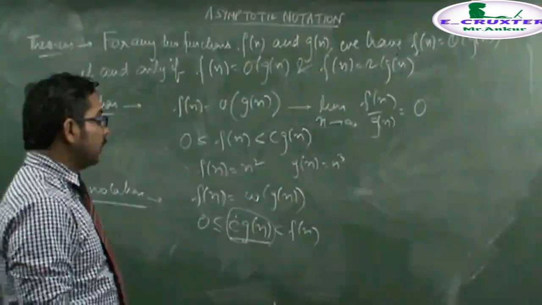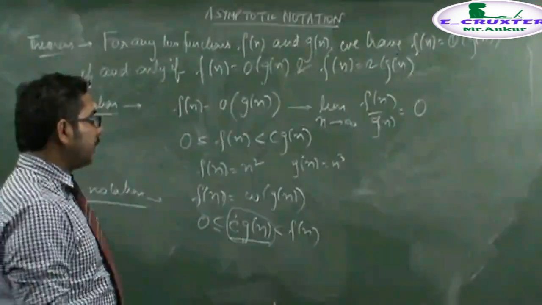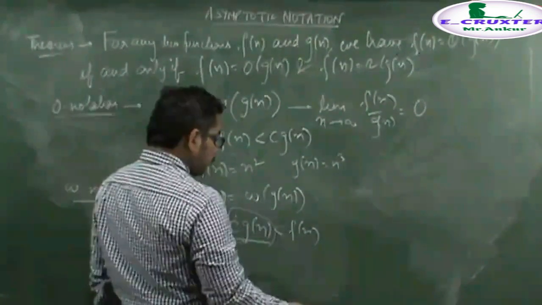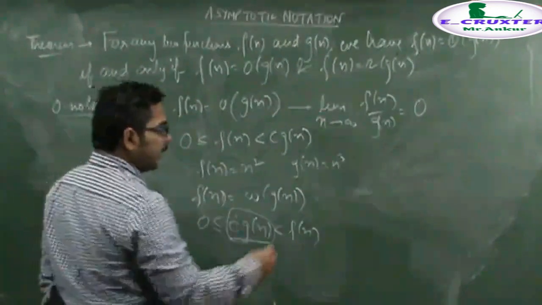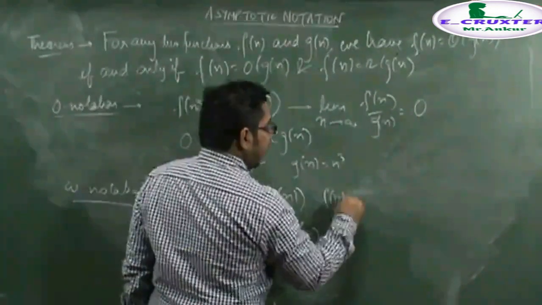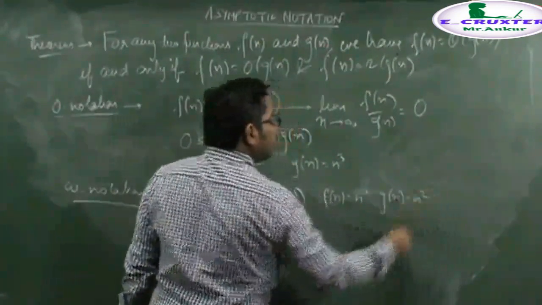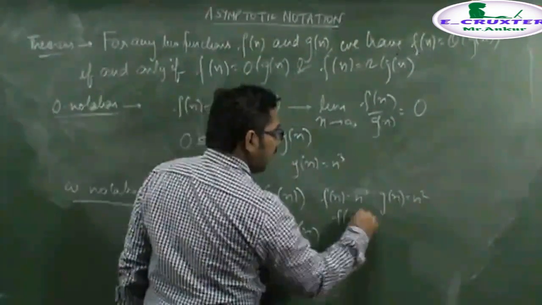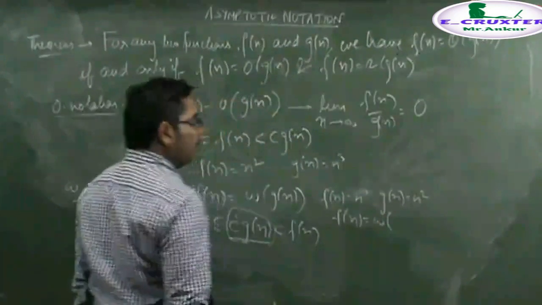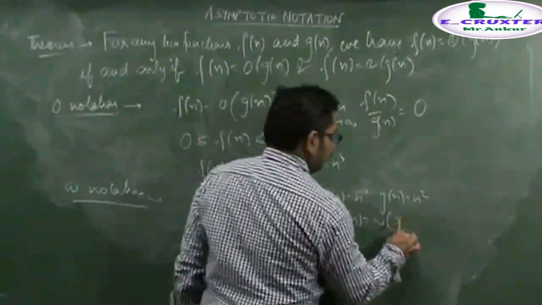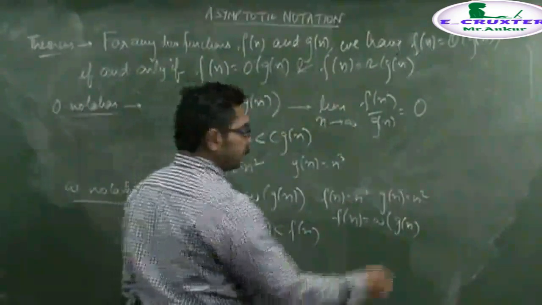Or, for example, if f(n) is n cube and g(n) is n square, then the g(n) function will always act as the asymptotically loose lower bound for the f(n) function.